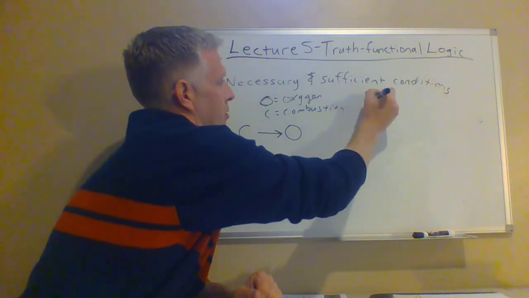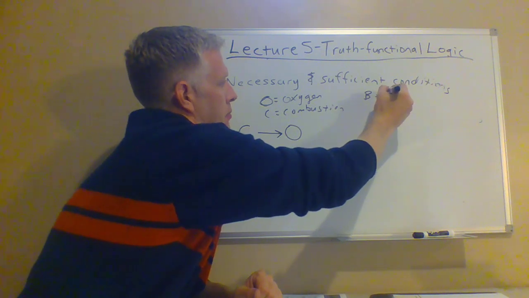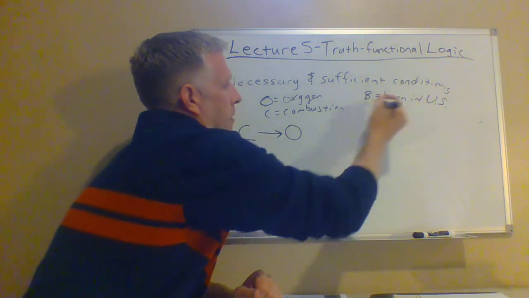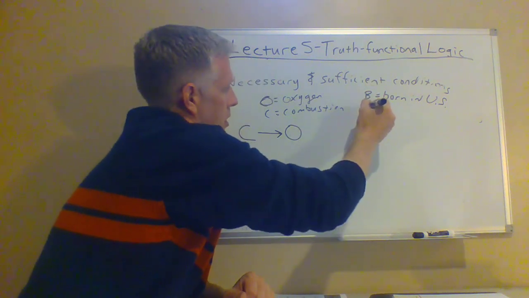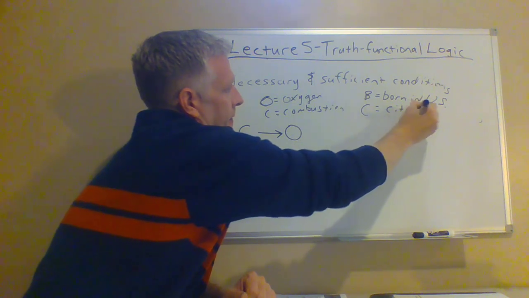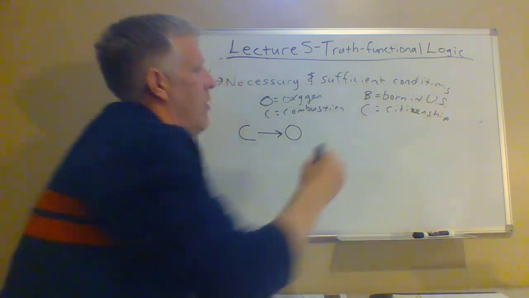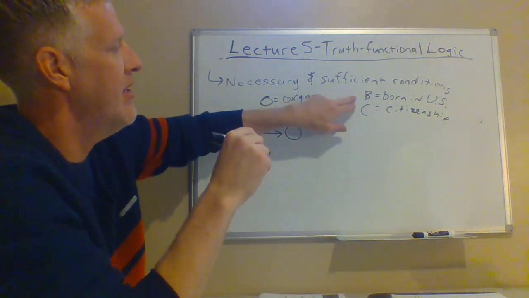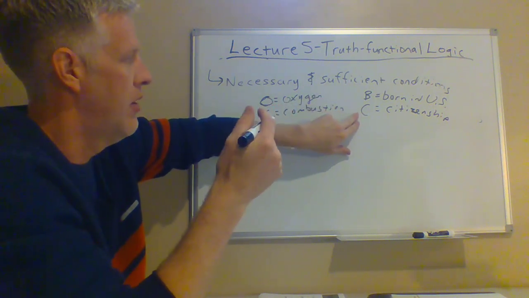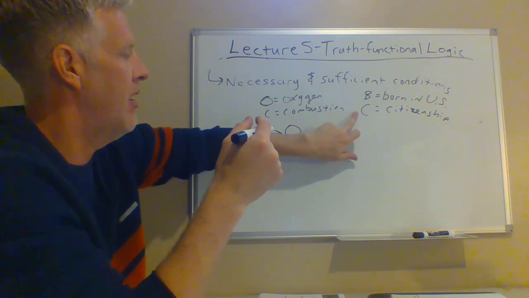So let's say B is being born in the United States, and then C is citizenship. So being born in the United States is a sufficient condition for becoming a citizen. So it guarantees that's going to be the case.